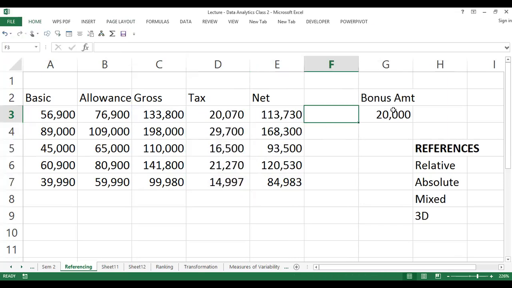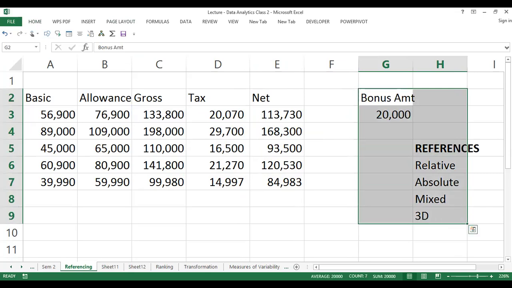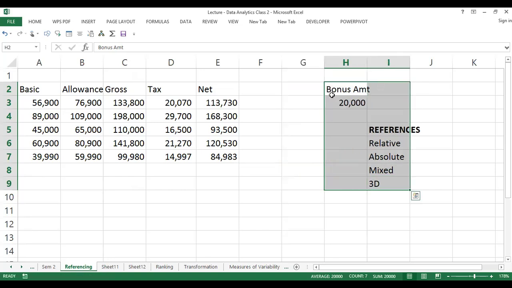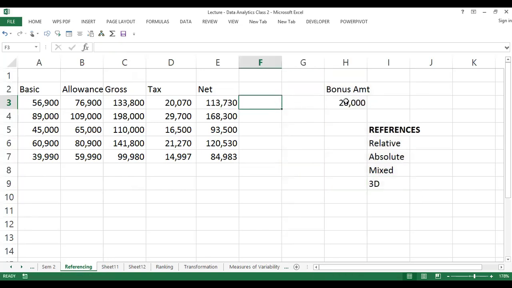Okay. So now let's say you want to give every staff a bonus of 20,000, irrespective of grade level. Everybody, you want to give everybody this.